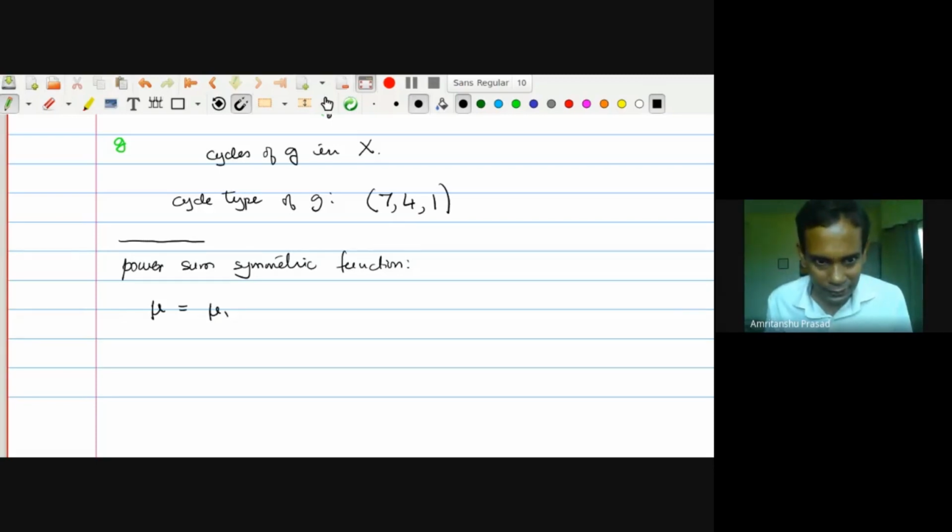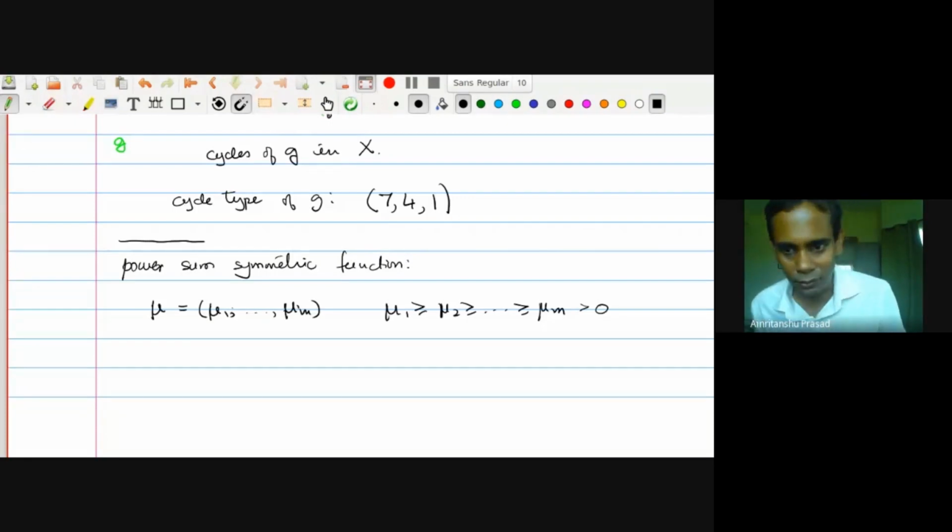I will always write it like this: mu1, mu2, up to mu m, where there are m cycles, and I'll always write these in decreasing order. So mu1 is greater than or equal to mu2, greater than or equal to mu m. This kind of a vector is called an integer partition. Usually you assume that this is positive, so you don't write down any zeros.